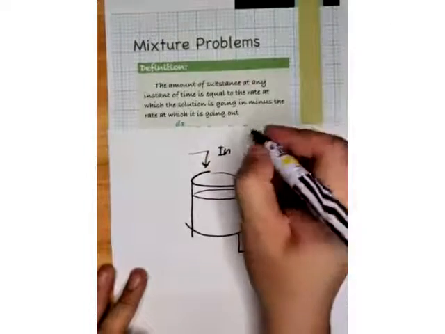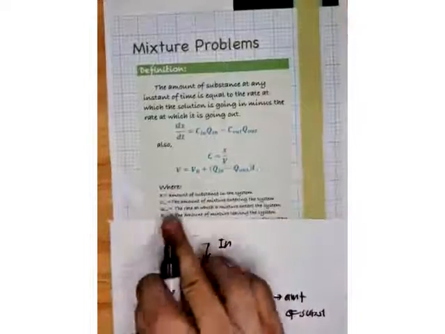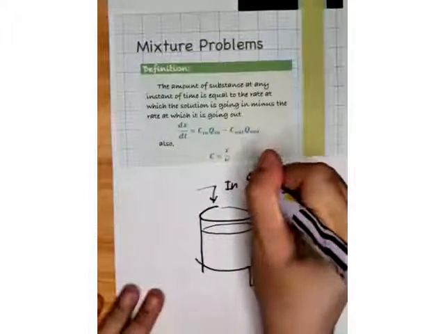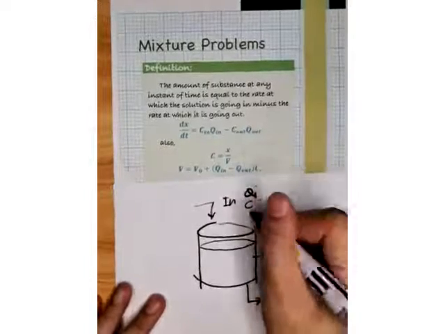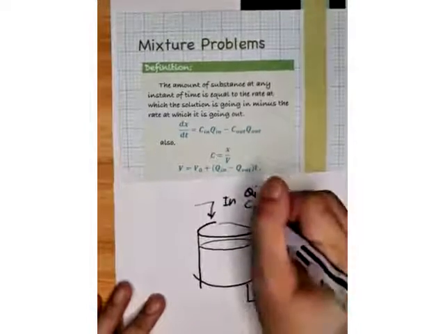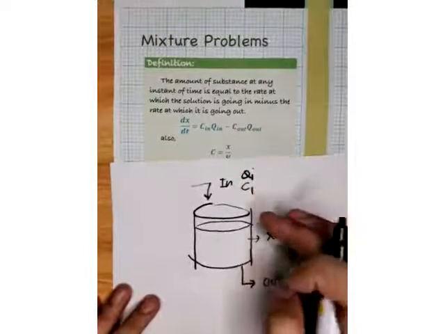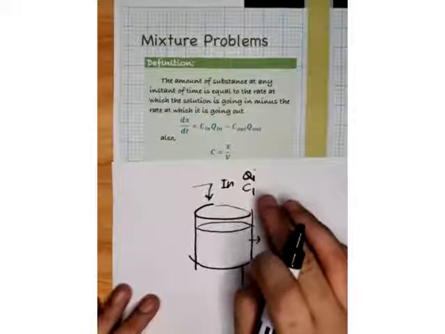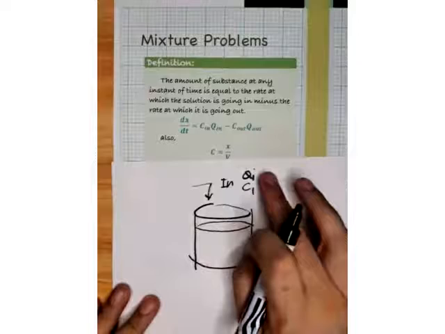So syempre, yung substance natin na pumapasok, meron siyang rate at yung rate natin is denoted by Q. So meron tayong Q in, at the same time may concentration yung ating substance na pumapasok doon sa tank. Let's call that C sub 1, the concentration of the liquid or the solution entering our tank, and then yung Q natin is the rate.